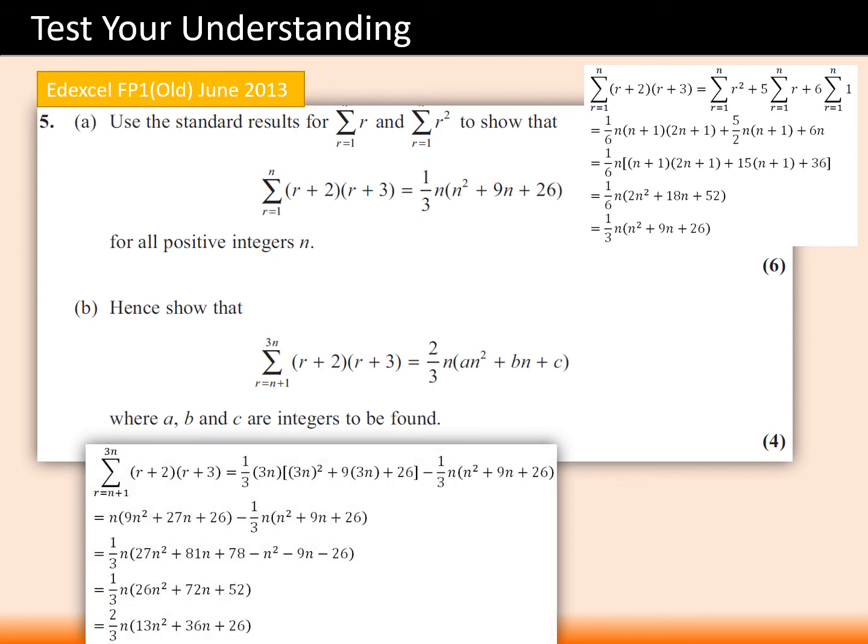And for part B, as I said, there's always a part B follow-through question. So this is the solution. So here we're looking at A as 13, B as 36, and C as 26.